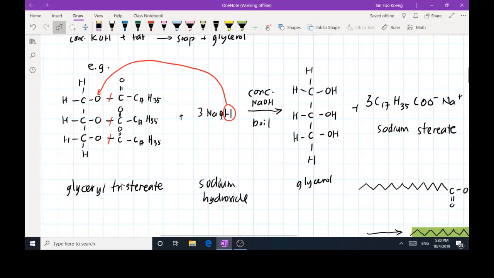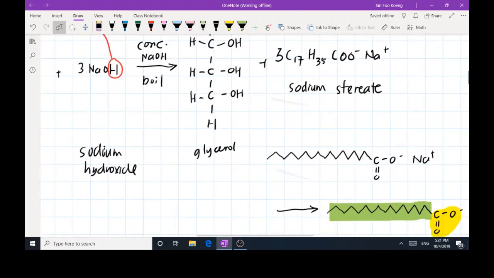And then what about the NaO here? The NaO here will join with the fatty acid chain, forming a salt. As you can see here, one molecule of fat will be broken down by NaOH to form a molecule of glycerol and three molecules of salts, a salt of long chain fatty acid.